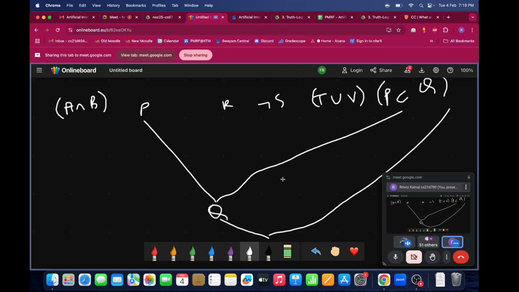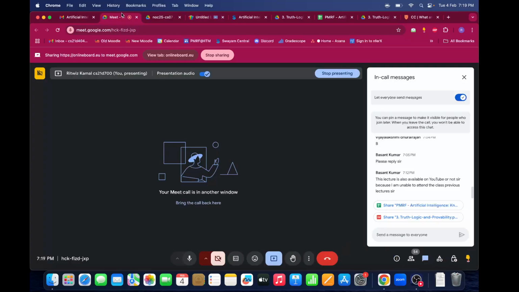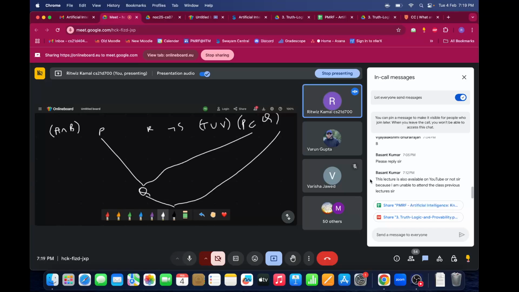Thanks for your inputs as well, Varisha. Tabular method is also something you should use, and again, if you practice more, you will get comfortable with that. I personally haven't used the tabular method much, so I tend to use this one, but it's a personal preference. Nothing like you have to follow a specific thing.